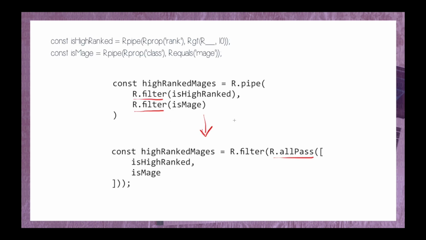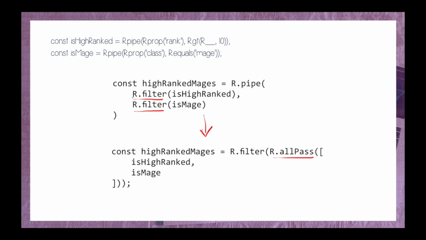Now, this same technique of merging list operations, map operations together, can be applied to the filter function as well. So let's say we have two functions, isHighRanked and isMage. Let's say we have a list of some characters, and then we have this function where we input the list of characters and we want to get the high ranked mages.